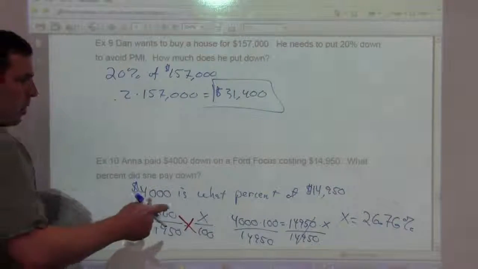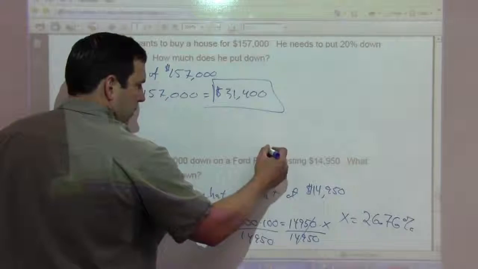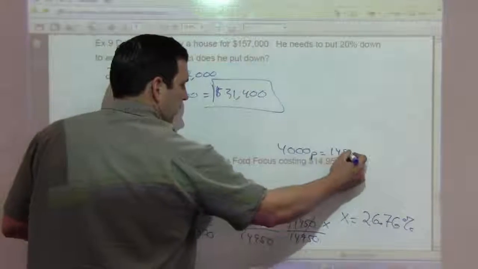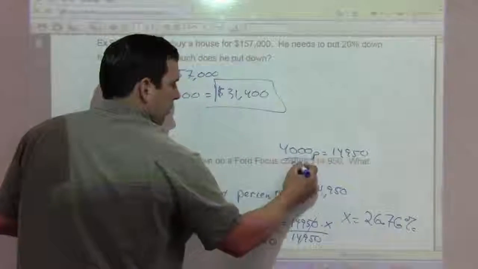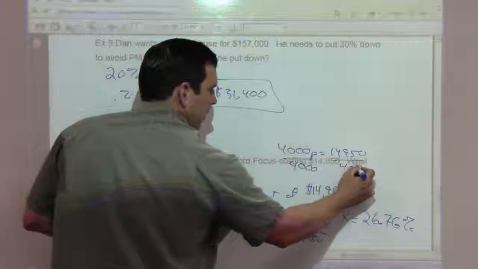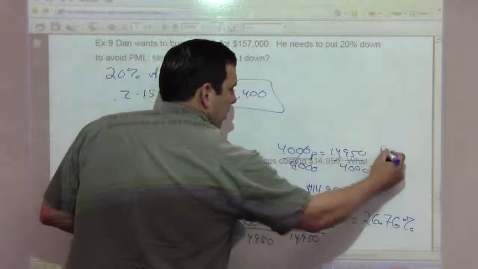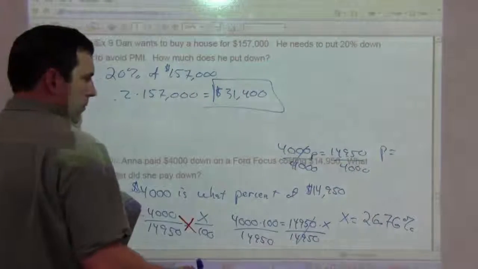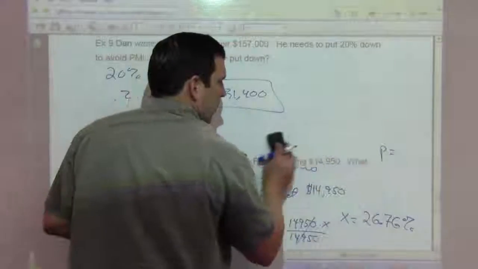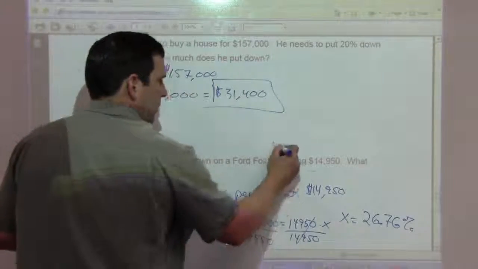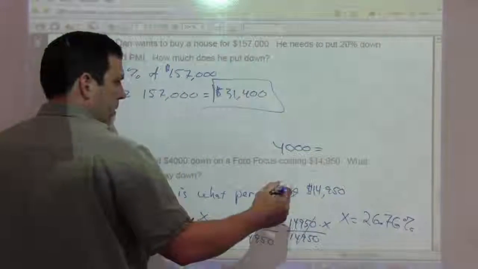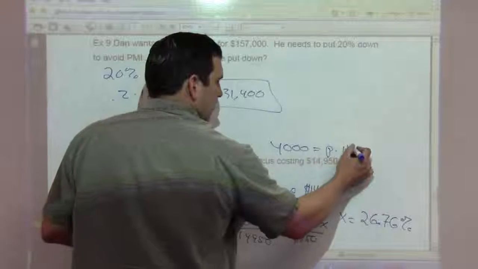You could also do this problem by saying 4,000 is a percent times 14,950. P would be, no, I got that backwards. 4,000 equals P times 14,950.